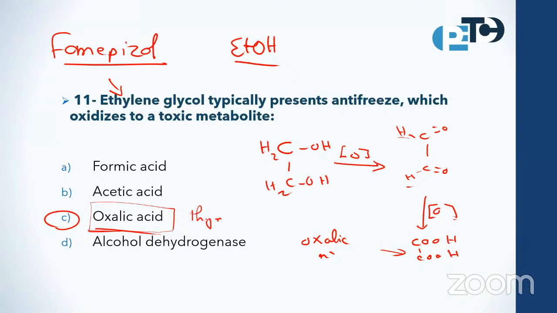Thiamine and pyridoxine. So the patient here should take thiamine and pyridoxine to utilize oxalic acid and decrease its toxicity.